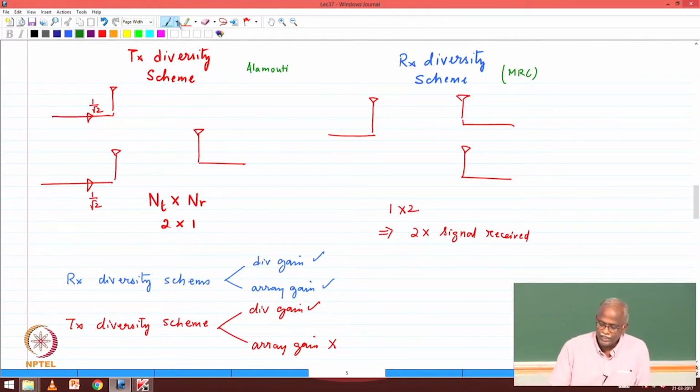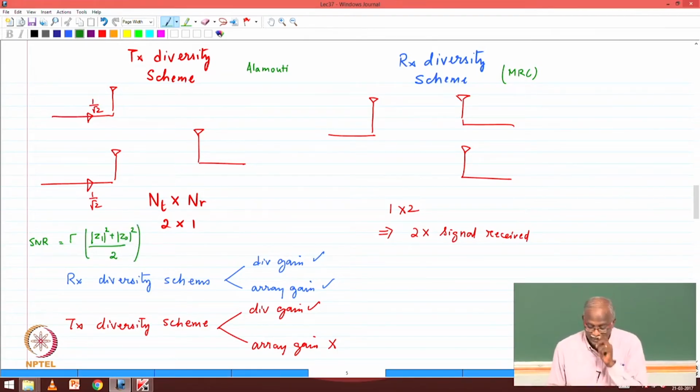So this was the scenario that we looked at, and we showed that the instantaneous SNR for the Alamouti scheme comes out to be gamma times mod Z1 squared plus mod Z2 squared divided by 2. Notice that the 2 in front of gamma is missing, that 2 is missing in the array gain.